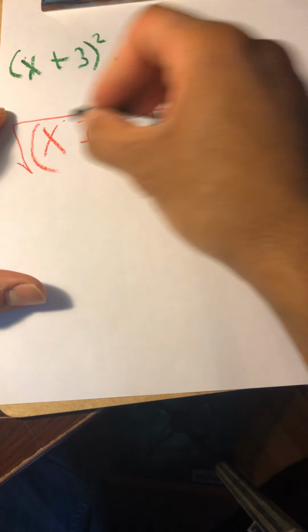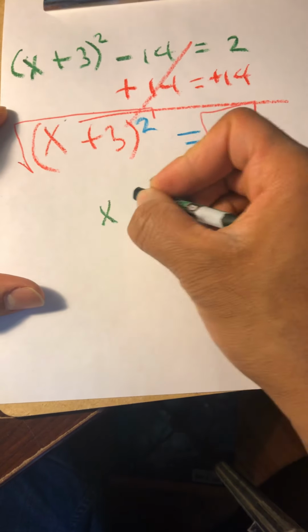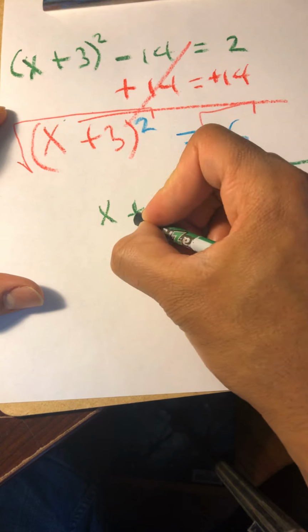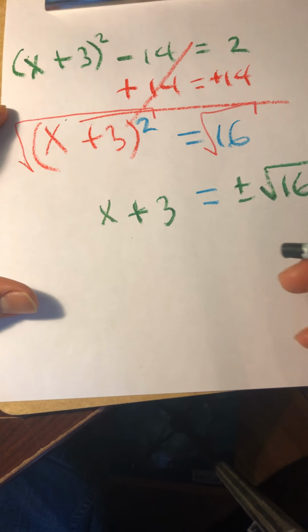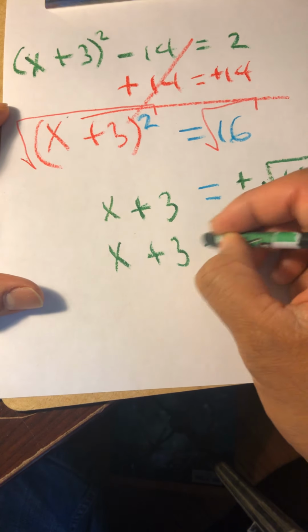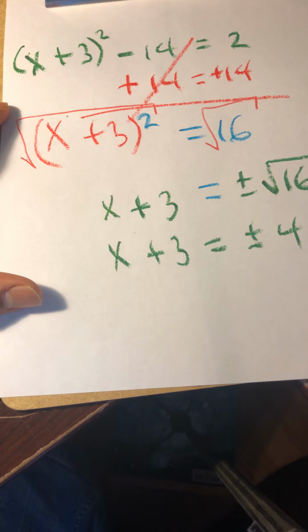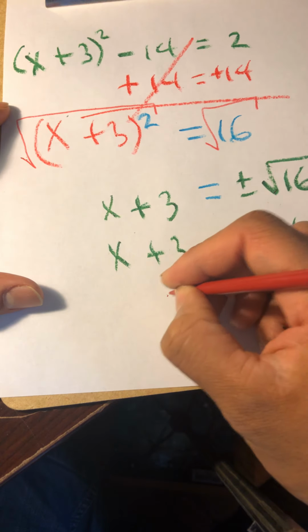The square root undoes what it's supposed to undo, and I have x plus 3 left. X plus 3 is plus or minus the square root of 16, so that means x plus 3 is equal to plus or minus 4. This one is going to work out nice.